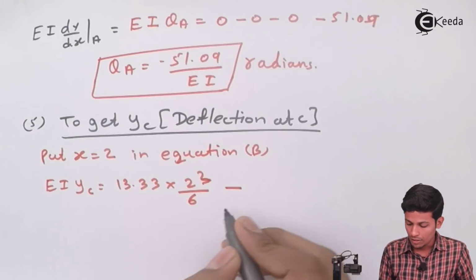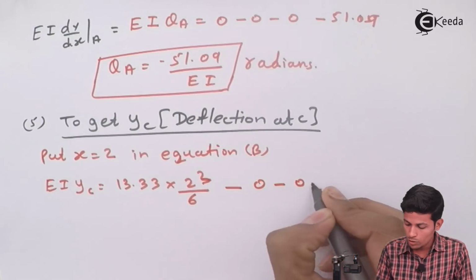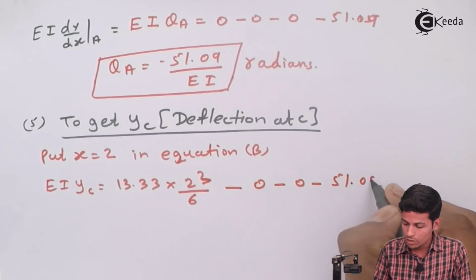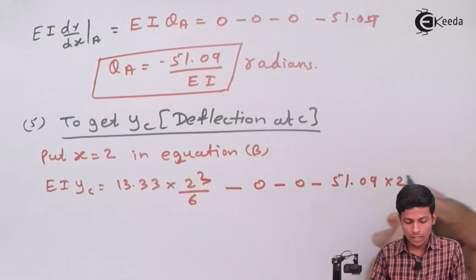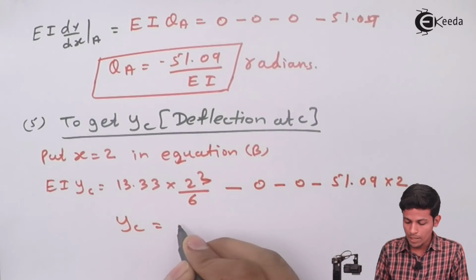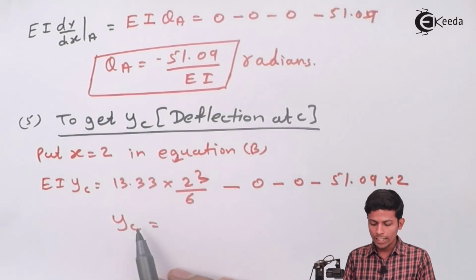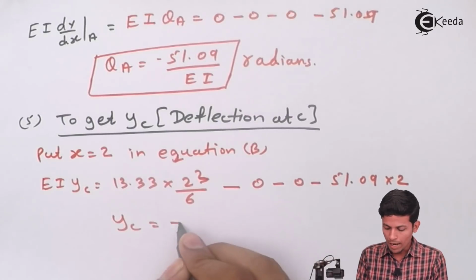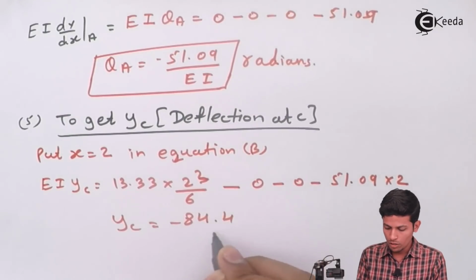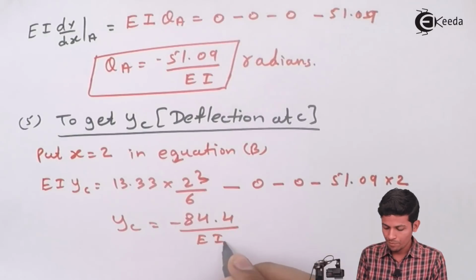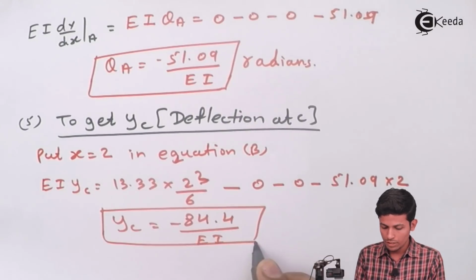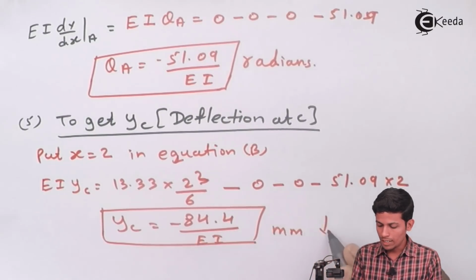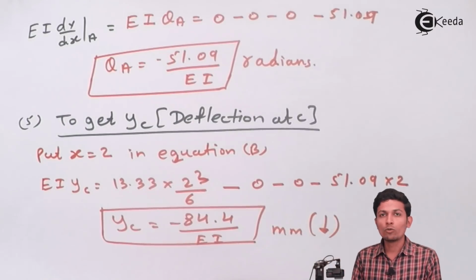Then what remains is the first term minus 0 minus 0 minus 51.09 into 2. So the value of YC will be minus 84.4 by EI, and the unit is mm. The minus sign indicates it is going in the downward direction.